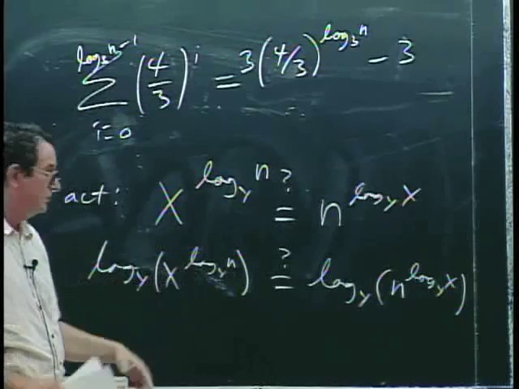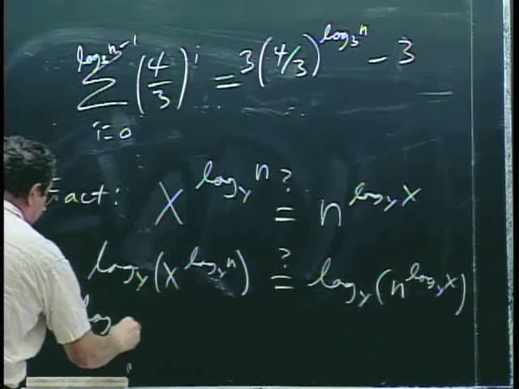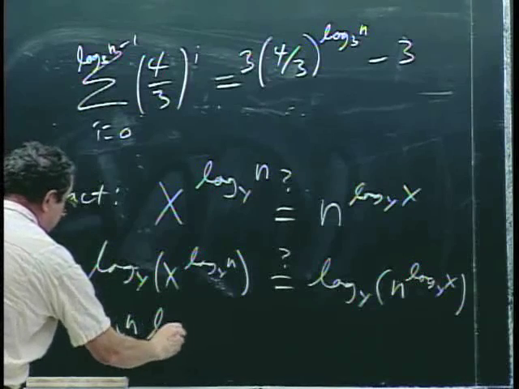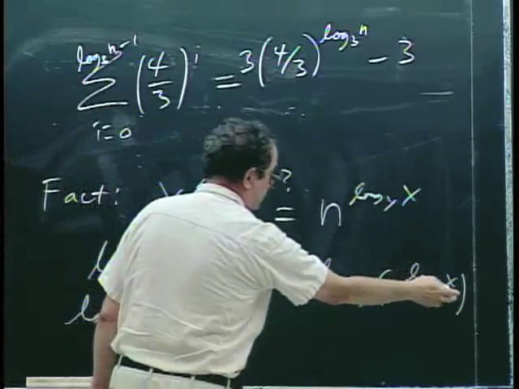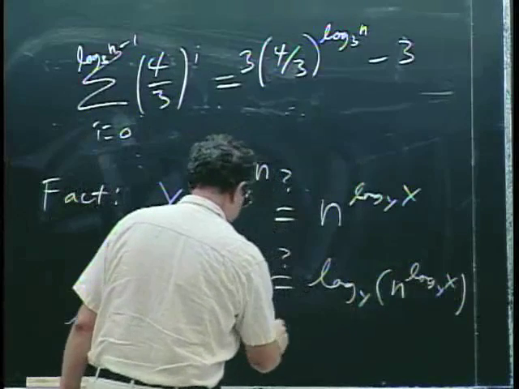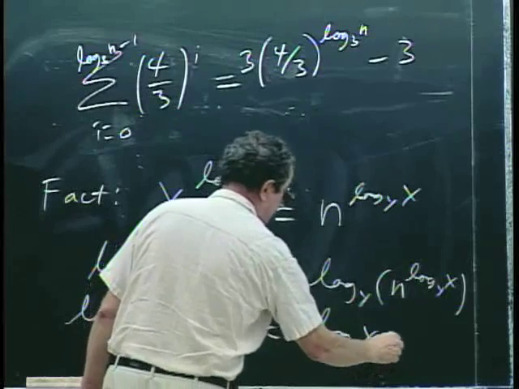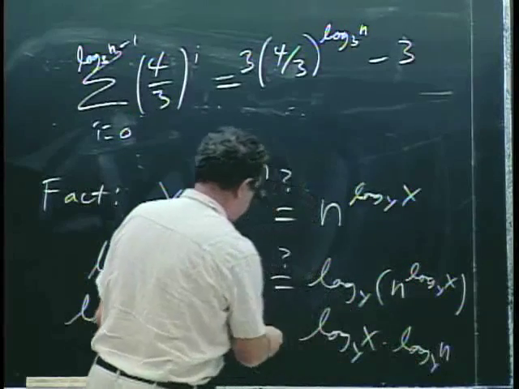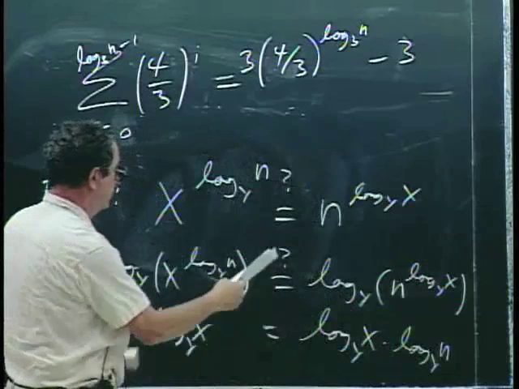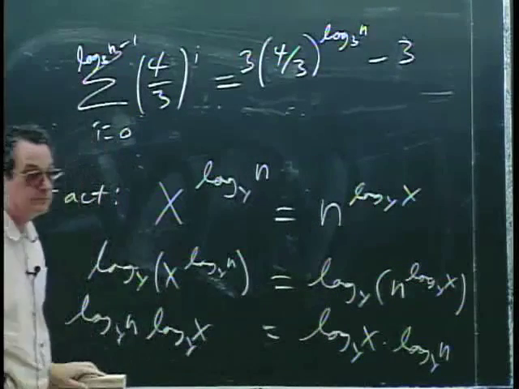Yeah, so this is log base y of n times log base y of x. And here it's the same thing. Log base y of x comes down. So it's log base y of x times log base y of n. And this is an equality, so that question mark gets erased.